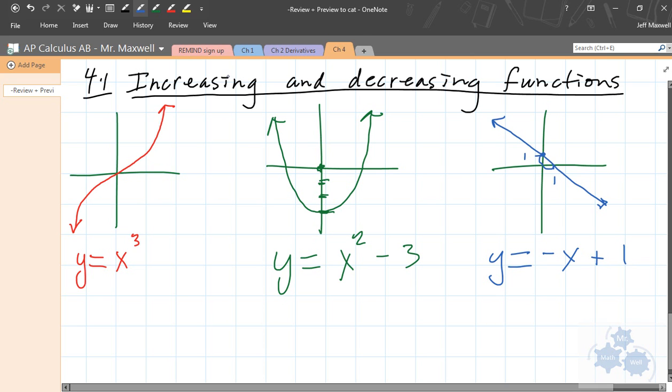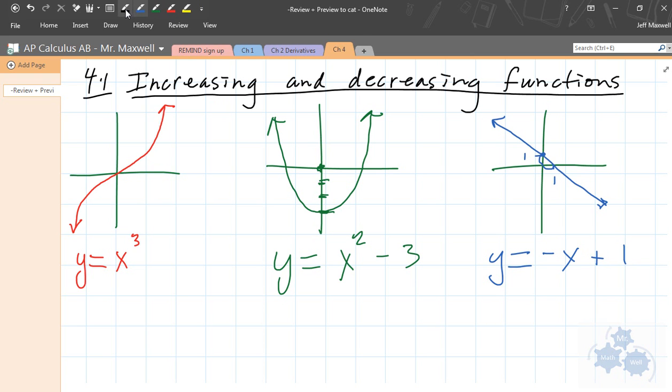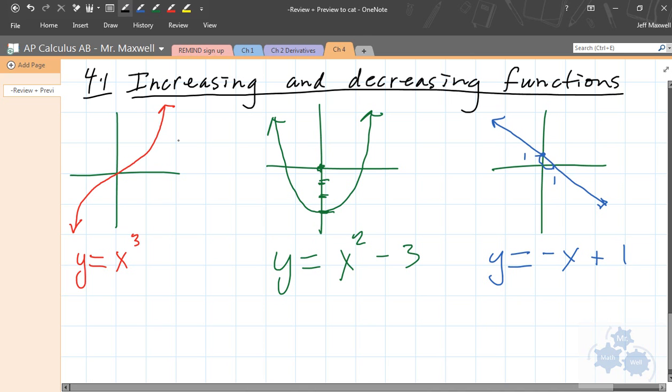But when we talk about increasing and decreasing functions, what we're talking about is from left to right, so from negative infinity to positive infinity, what is happening to the graph? Sometimes it increases for part of the domain and decreases for another part.